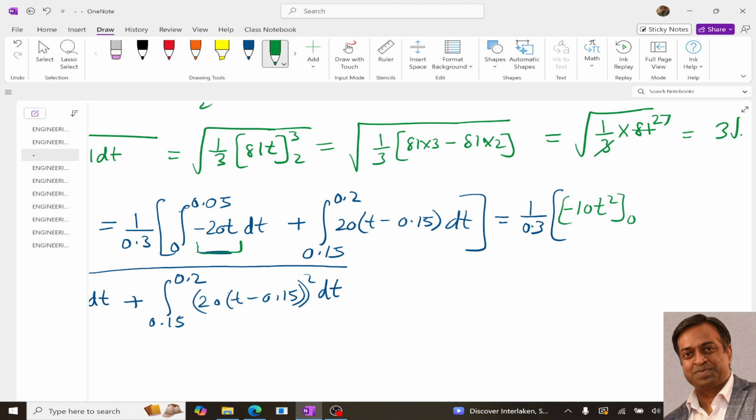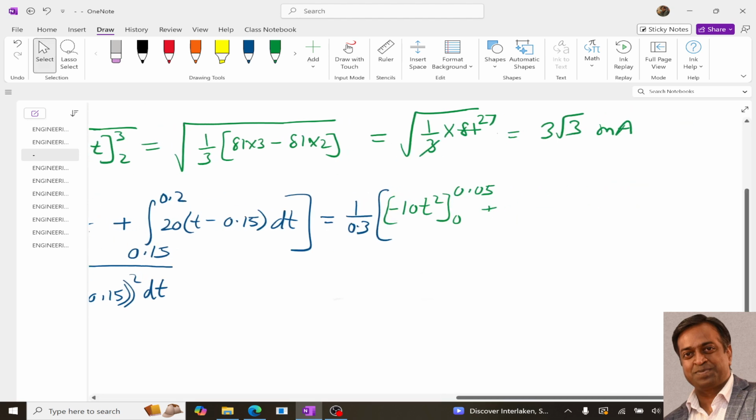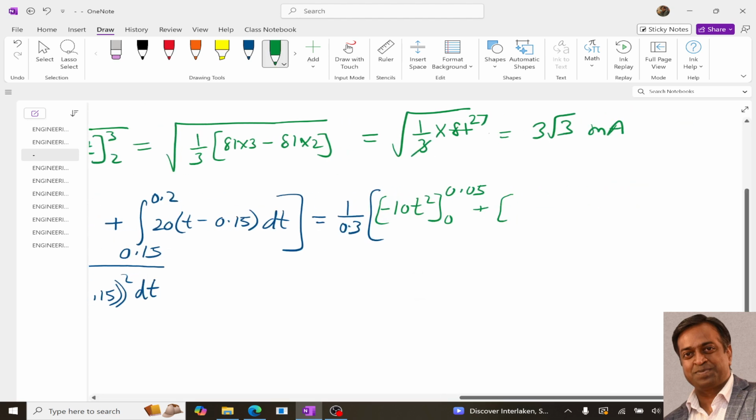Limits is from 0 to 0.05 plus it is 20, and again 20t, so the integration will be t square by 2.